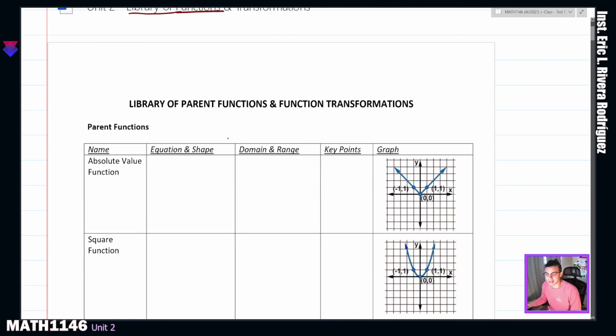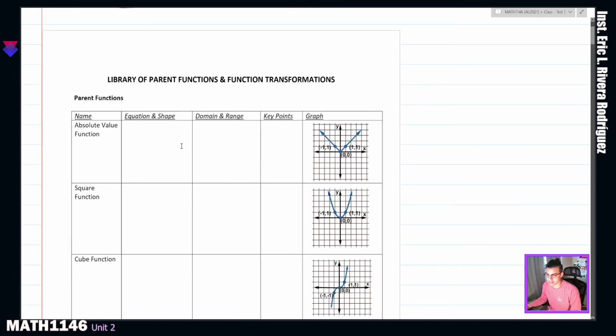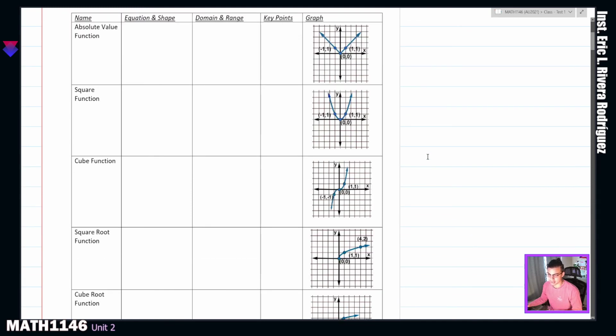This is the guided note for unit number 2. You need to have everything here. You will see that on the guided note, the first table that you are seeing is the library of parent functions, right? Tomorrow is the due date for the video lecture of unit number 2. So I expect that by tomorrow everyone has this complete, right?